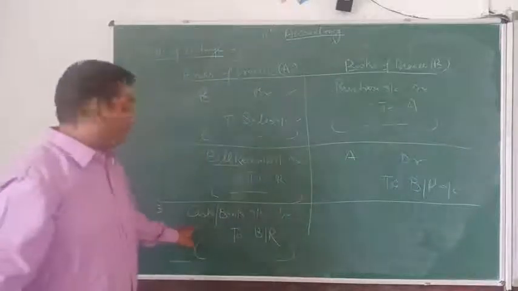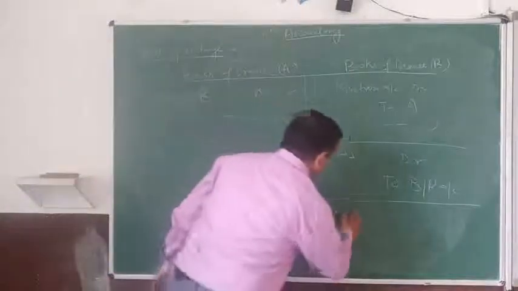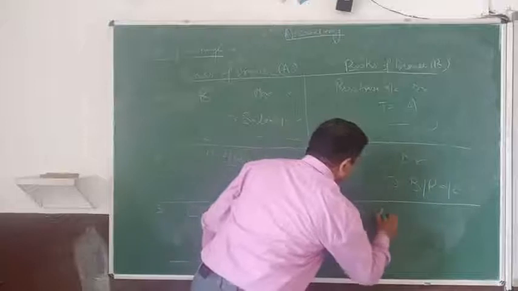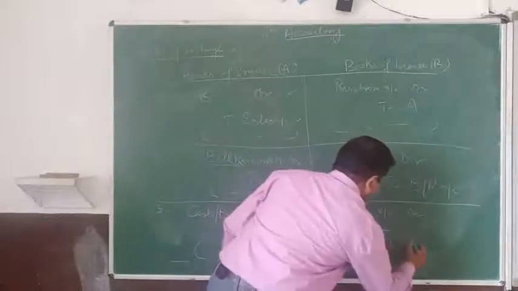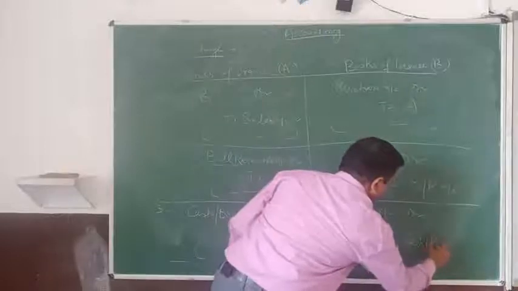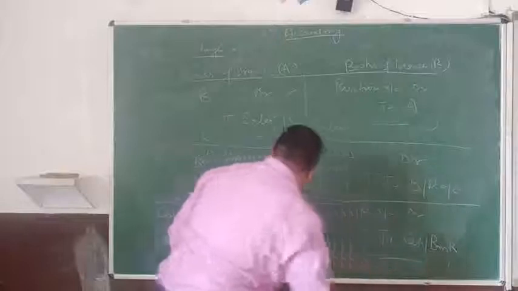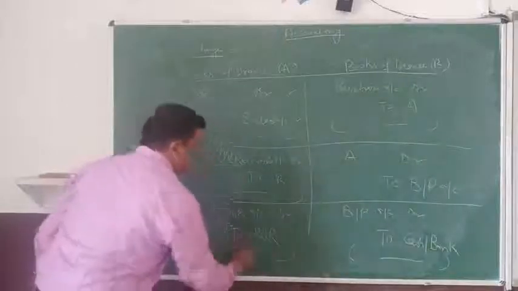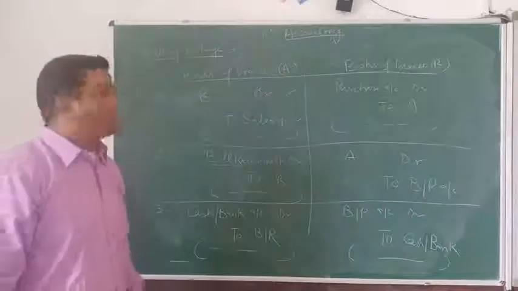When he makes the payment, bills payable account debit to cash or bank, being payment received for B/R, being payment made for the B/P.